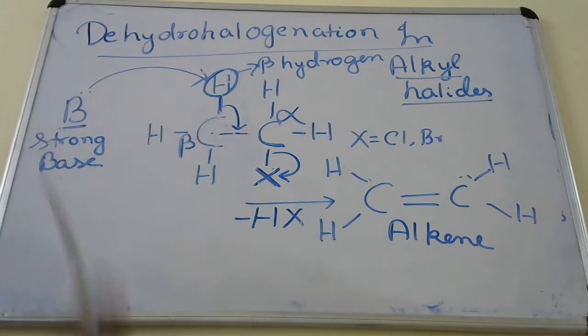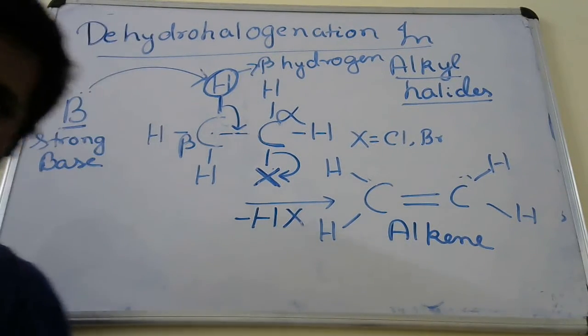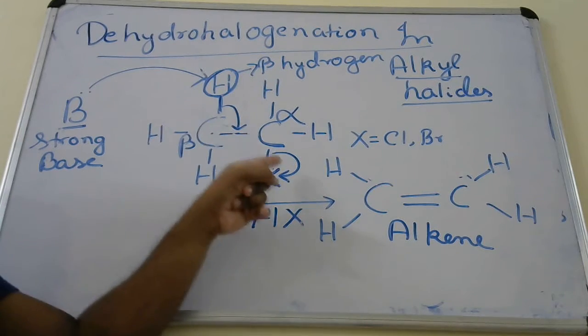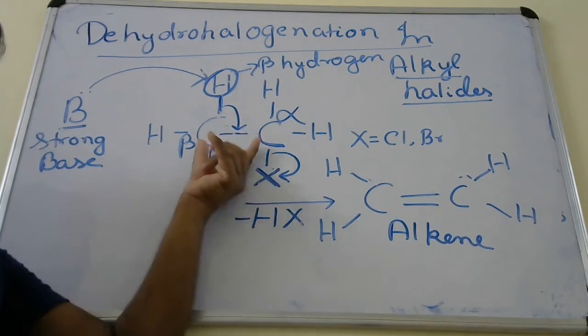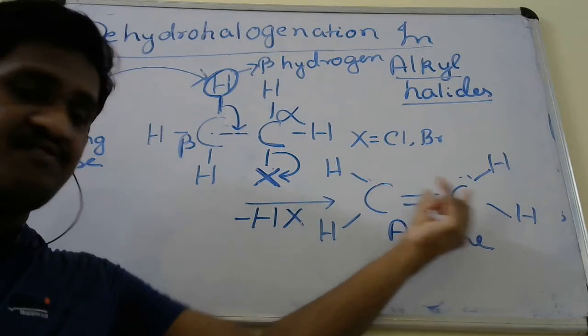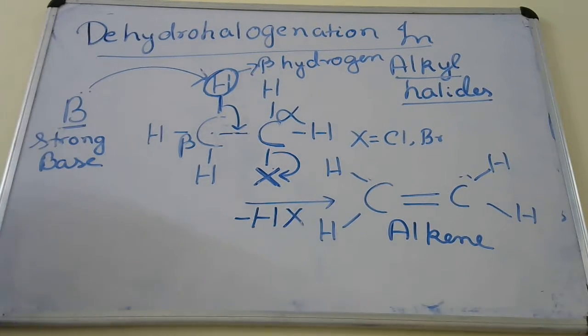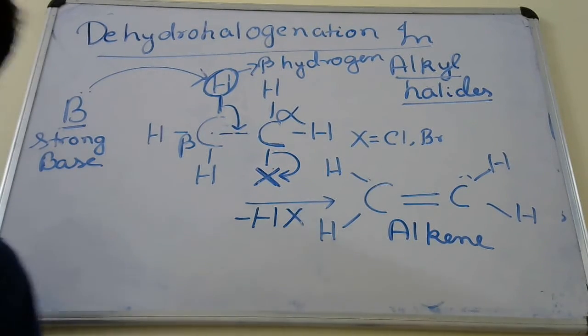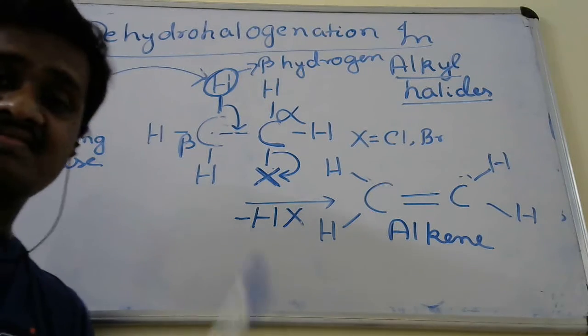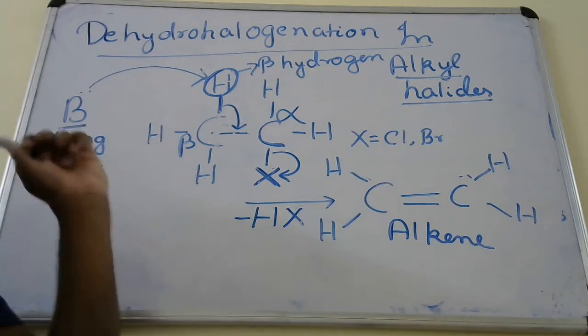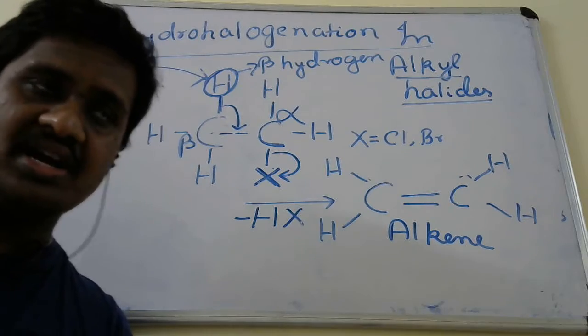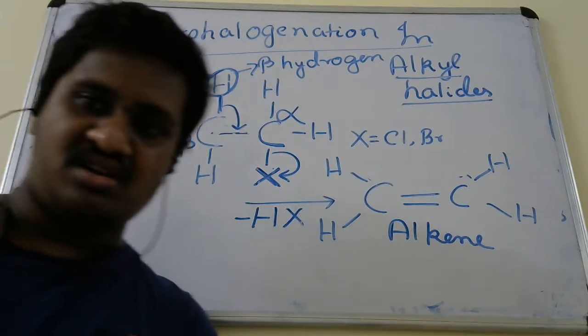When these two atoms are eliminated, a double bond is created between the alpha and beta carbon, and you get an alkene.